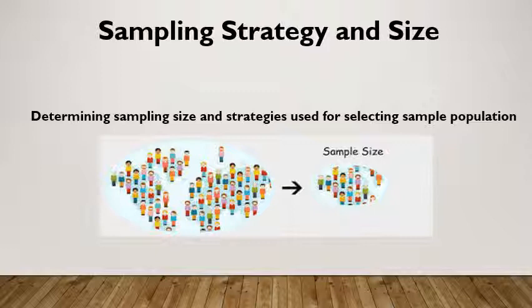And like stated earlier, the sampling strategy and size is very important, and it should be random selection. The technique should randomly select the population to avoid biased results. The larger the sample size, the more accurate the results.